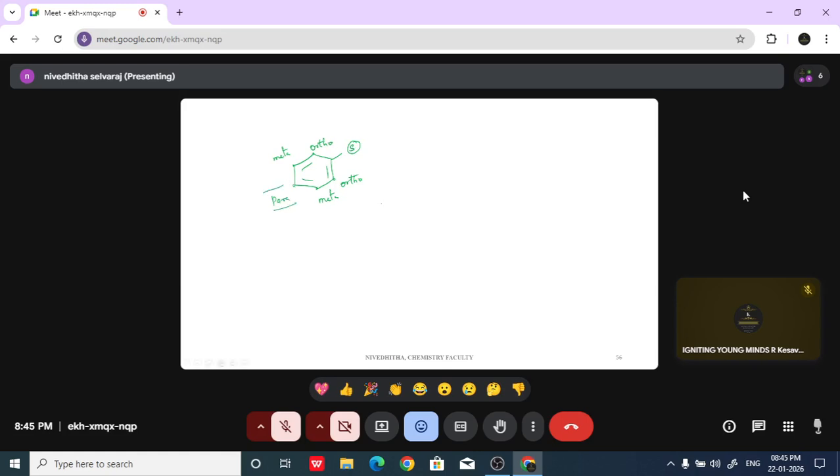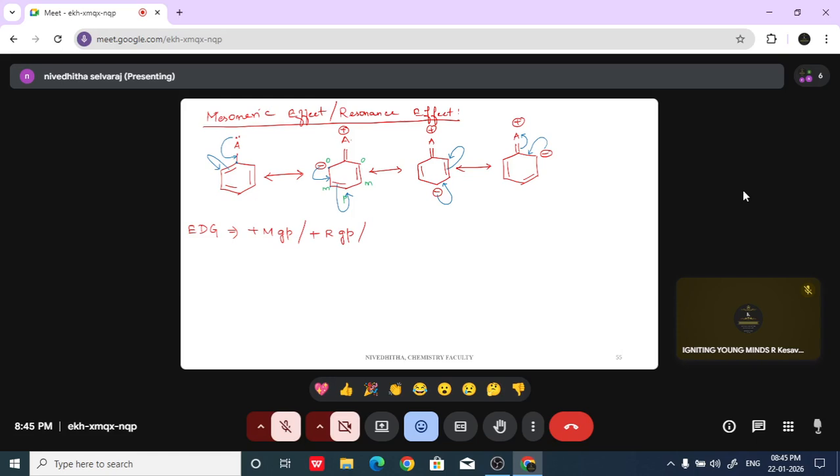So with reference to this A, these positions are called ortho, these positions are called meta, and this position is para. Now, where are these negative charges, where are these electrons accumulating? At ortho and para positions, right? Here on the ortho side, here also on the ortho side, and here the para side, right?